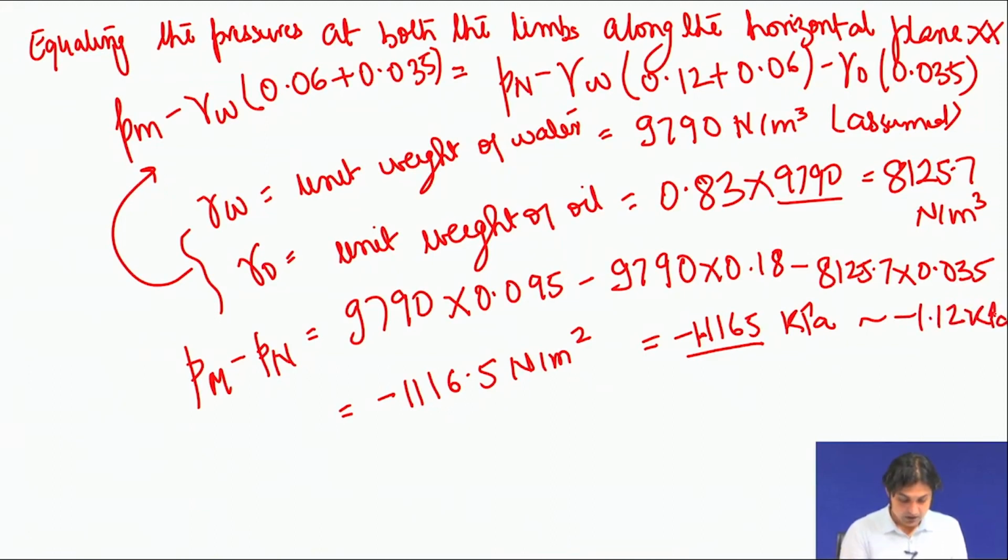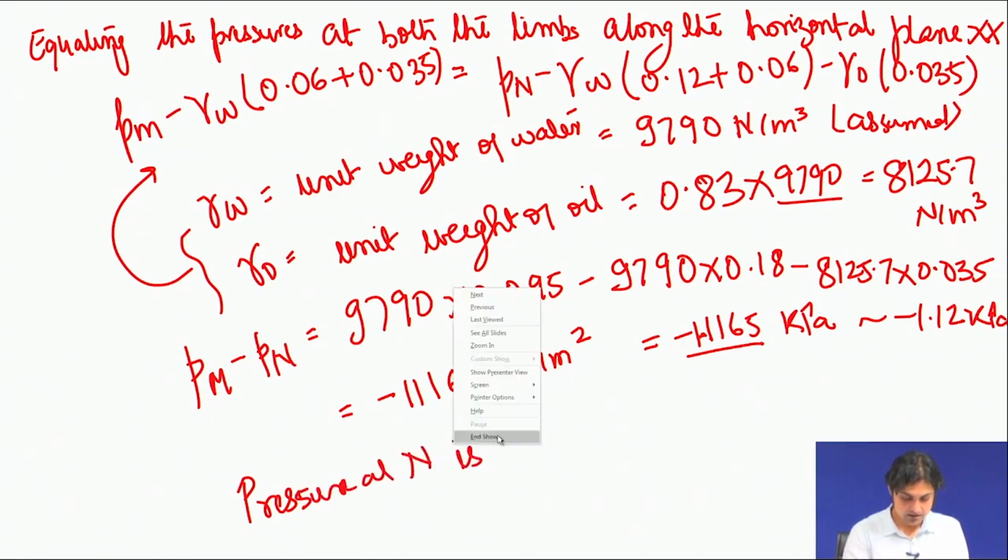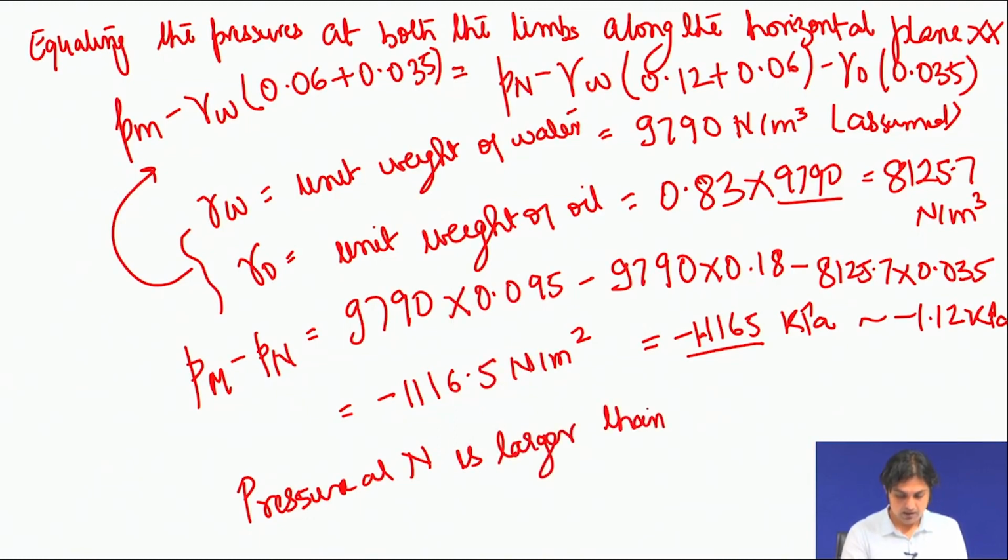So the answer is, because it's negative, that the pressure at N is larger than at M by 1.12 kilopascal.